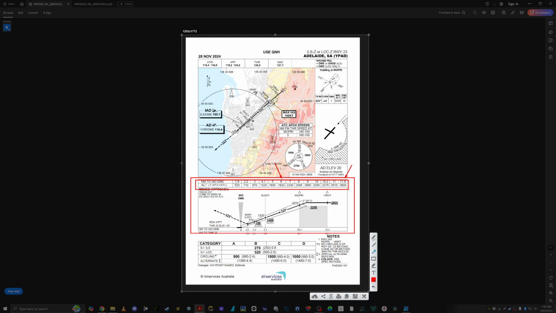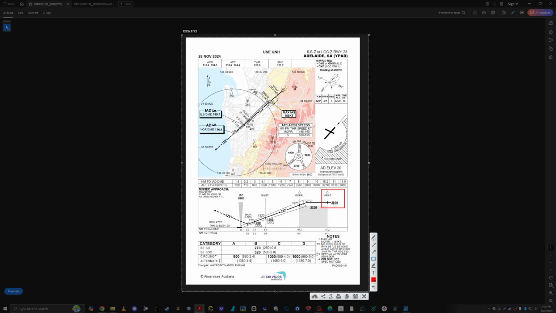Oh, and another thing too, and we'll talk about the categories of aircraft, but actually no, I won't talk about it now. So from the profile, what can we see? At VIRAT, you've got 3,800 with the line underneath.